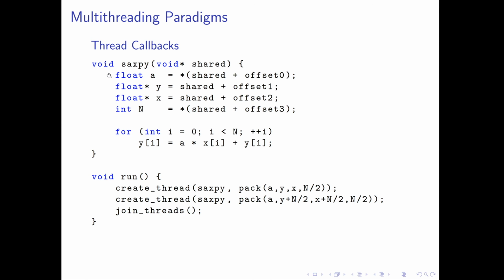The thread callback function first is responsible for obtaining its shared state, and then it operates on that shared data. This is the callback function that is executed by each thread, and when we schedule those threads, we do this explicitly with this type of API. There's usually a function that is called create thread, and we pass it the function itself, and then we also tell it how the data is distributed to the individual threads. What I'm showing here is pseudocode.